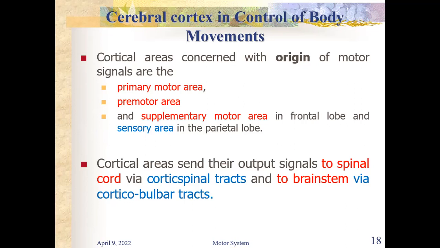And we also have the corticobulbar tracts, which we already talked about. So the corticobulbar tracts also have crossed and uncrossed fibers, but for their own, they terminate at the brainstem motor nuclei. Okay, so that is what happens.